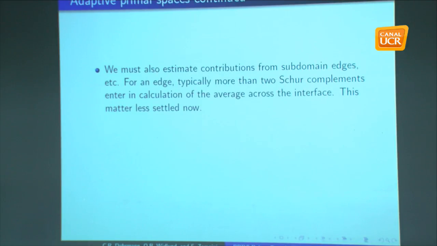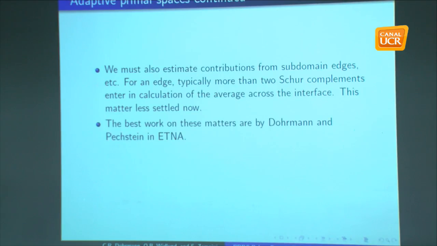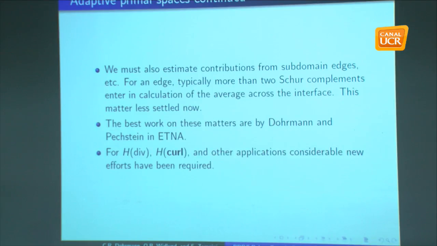Okay, and now we also have to do this for edges, and that's less well understood when it comes to the adaptive methods, but still there has been considerable success. So the best work on this is a paper by Dohrmann and Pechstein, which appeared last year, I think, in Electronic Transactions on Numerical Analysis.